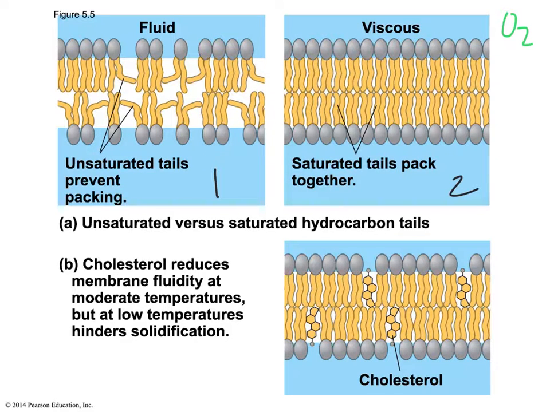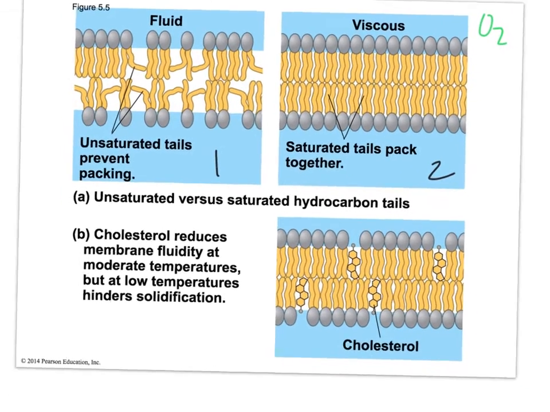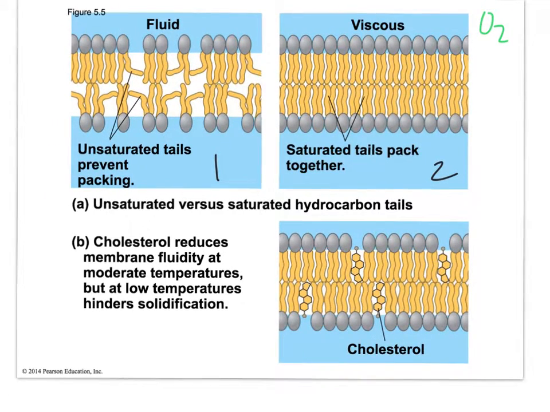All right? So now you have not only the unsaturated tails preventing packing, but also, let's compare 2 and 3. Which one's more dense? 2 or 3? 2. So cholesterol, now embedded in here, has prevented packing so much.